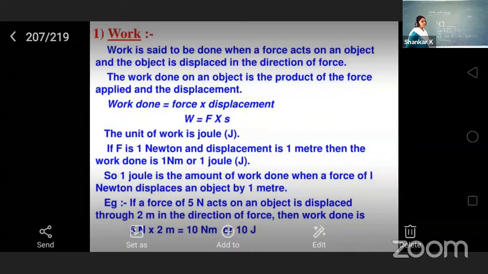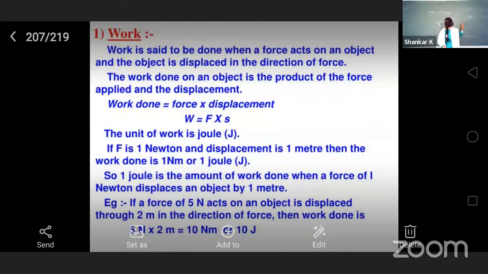Example: if a force of 5 N acts on an object, students, 5 N is the force. If the object is displaced 2 meters, S is equal to 2 meters, in the direction of the force, then what is the work done?